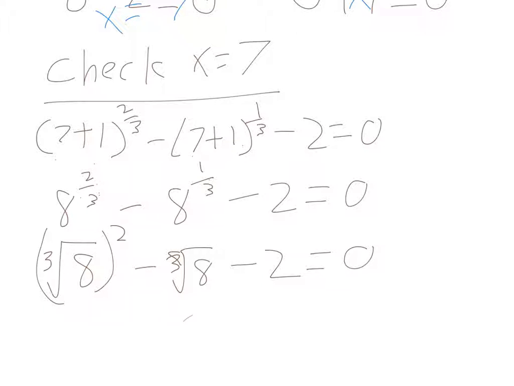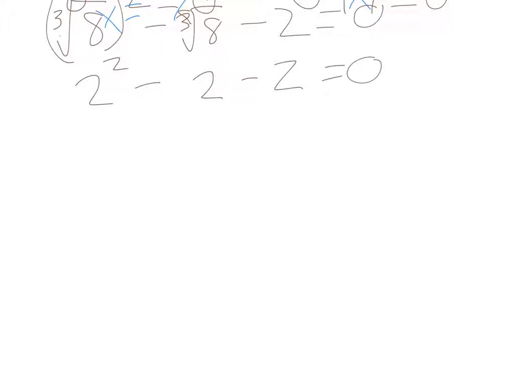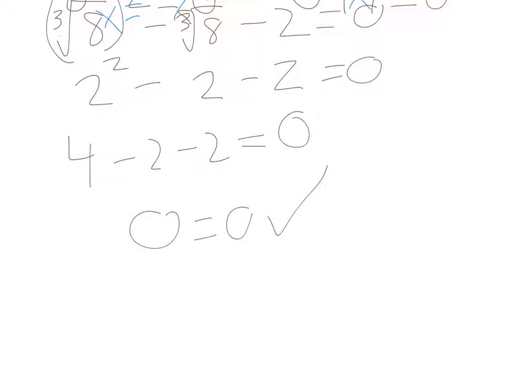We know the cube root of 8 is 2, because 2 times 2 times 2 gives you 8. So it would be 2 squared, and we're trying to see if this is equal to 0. 2 squared is 4, minus 2, minus 2 again is equal to 0. 4 minus 2 is 2, minus 2 is 0, so 7 works.